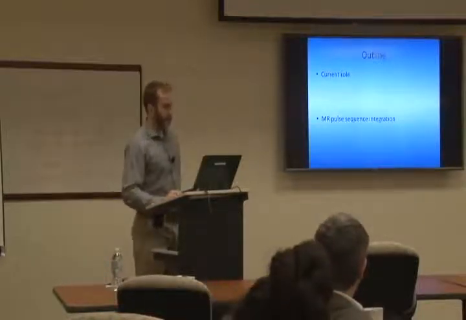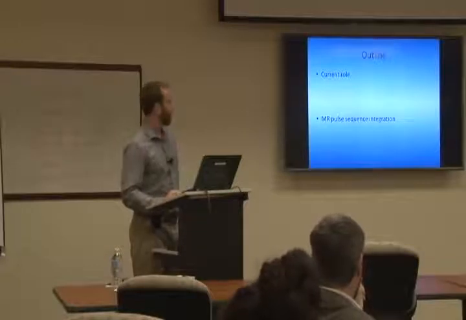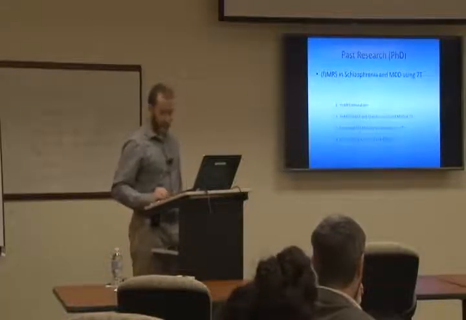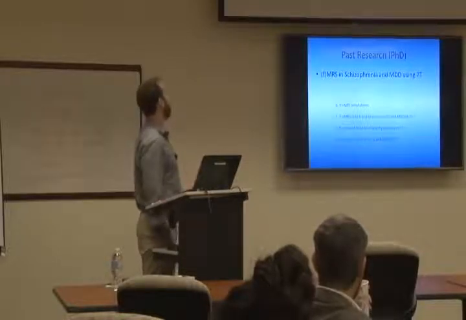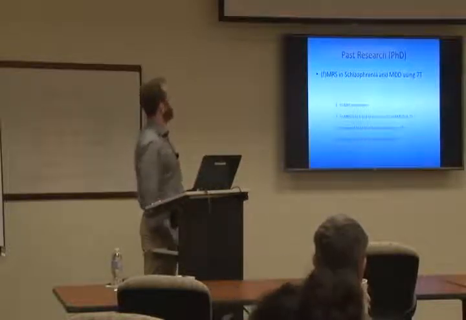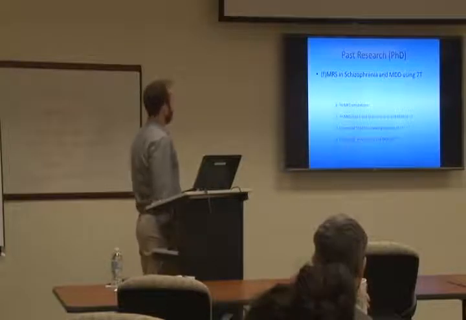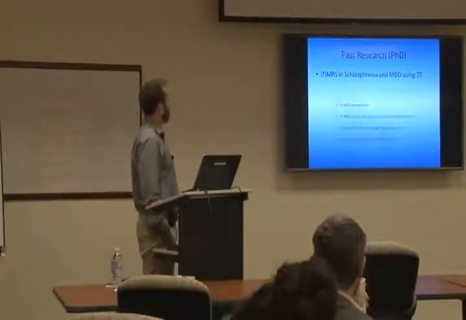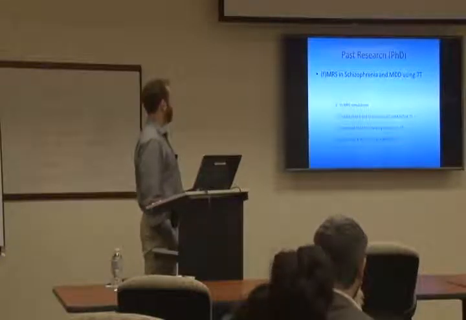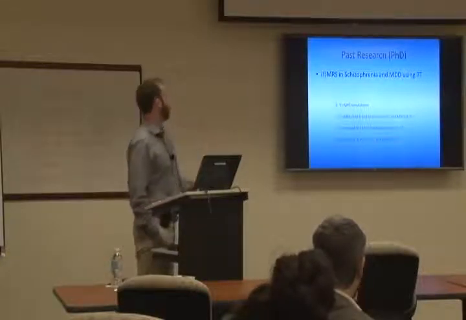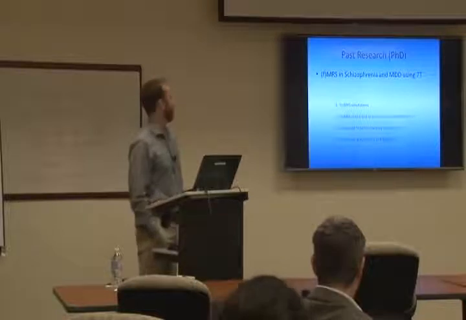So I'll first mention my PhD and then on to the postdoc. The thesis behind my PhD was essentially using functional MRS, so spectroscopy, in schizophrenia and major depressive disorder using 7 Tesla. It was divided into 4 chapters, so we did some simulations just to validate our work.